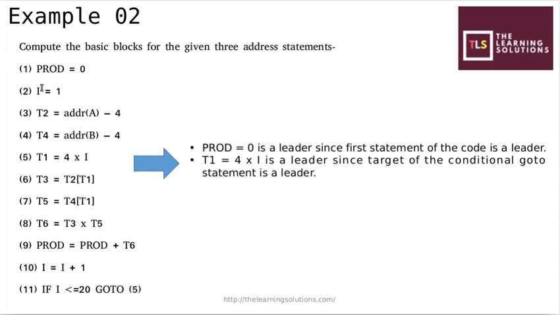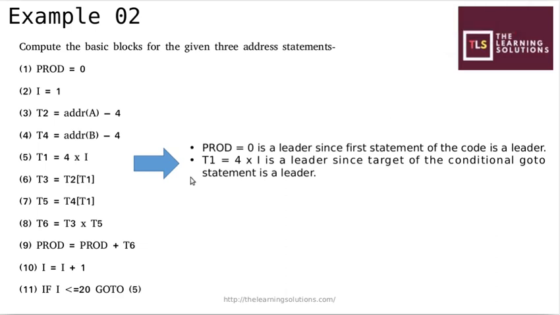So prod equal to 0 is the first statement, so it becomes the leader and it will start the initial block. Now you have to find out where this initial block ends and whether the code has other blocks present or not.